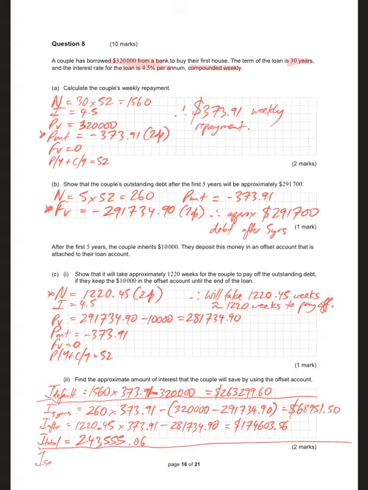The interest saved is going to be the default minus the offset interest combined. 263,299.6 minus the answer is going to be 19,744.54 interest saved. That's a tricky one, but we got there.